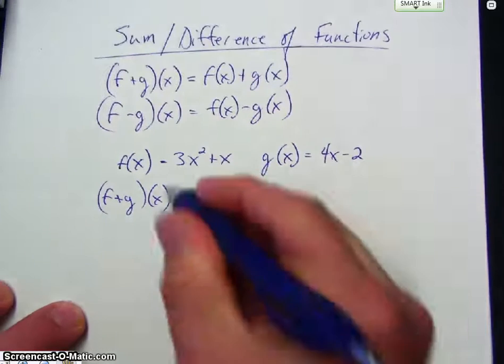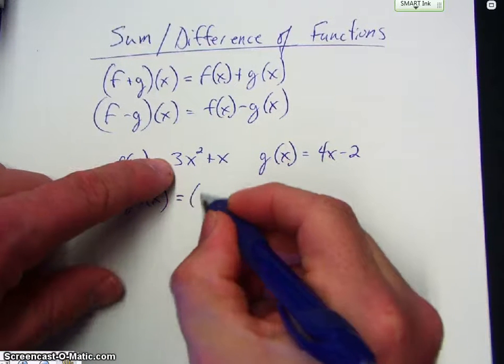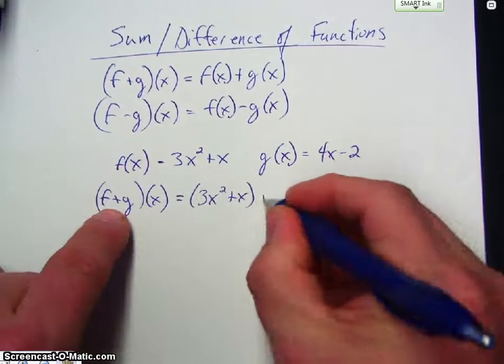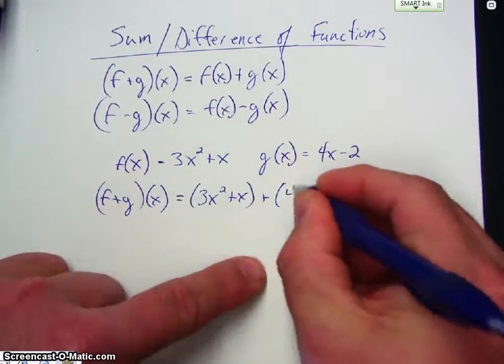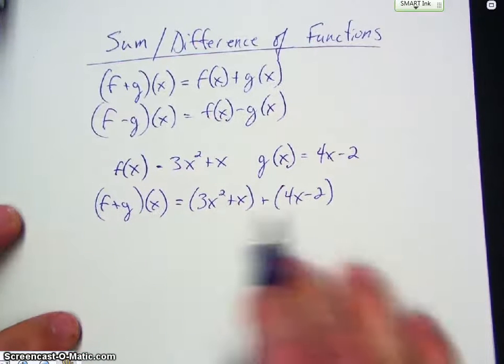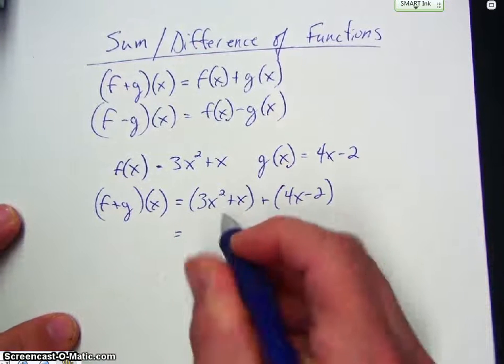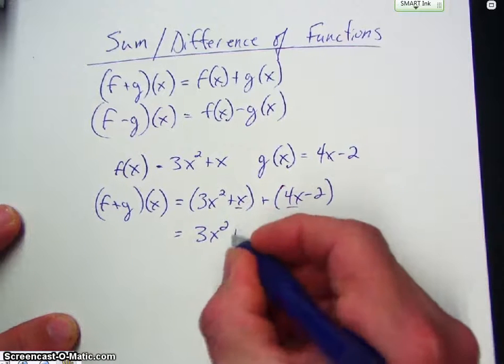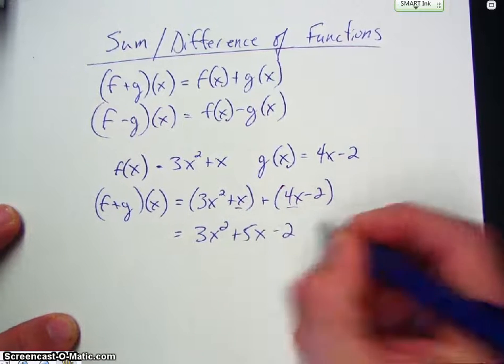So that means I take the function of f, which is 3x squared plus x, plus the function of g. Since I'm adding, I can go ahead and drop the parentheses and combine my terms. In this case, I get 3x squared plus 5x minus 2.